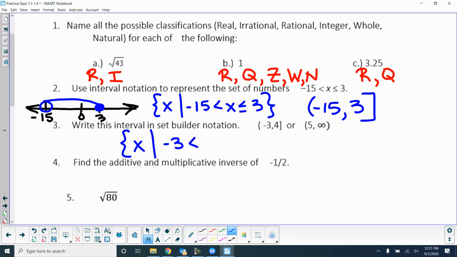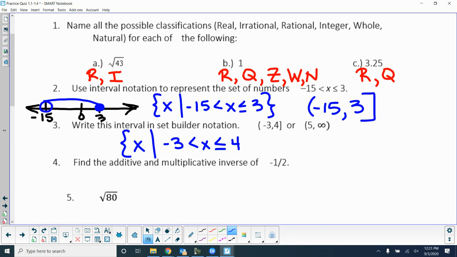Just less than, because the parenthesis means we're not including the negative 3. And we put X, and then it's less than again. Will we put the equal to? Yes. So that's for this one.